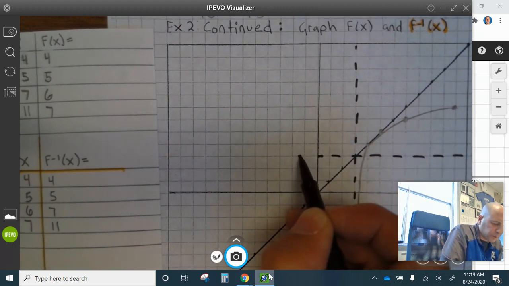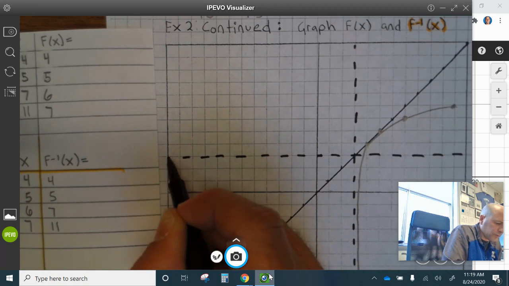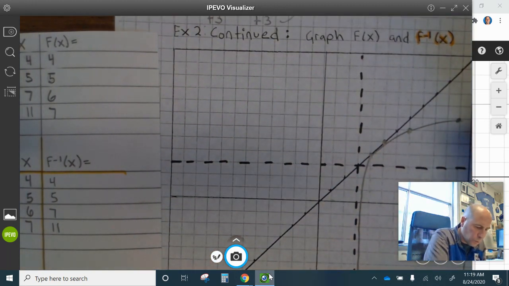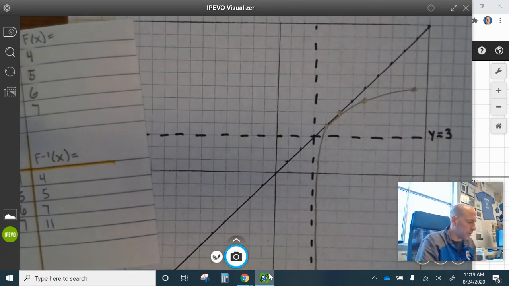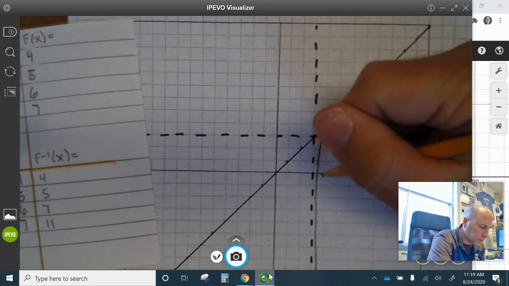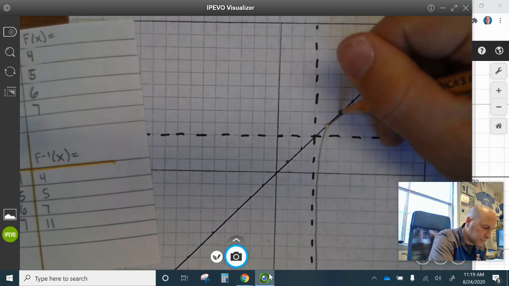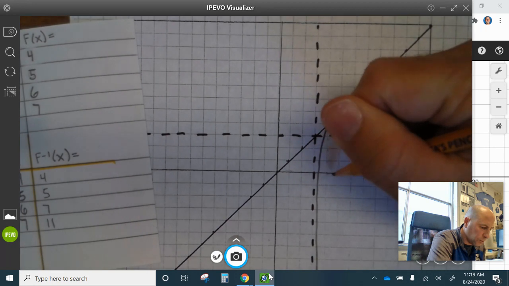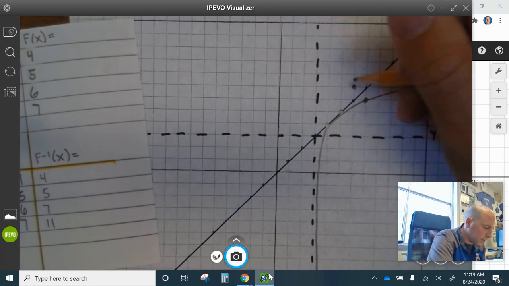Whenever you're doing logs and exponentials, it's important that you graph your asymptotes because that tells you where the curve is not going to touch or cross. Okay, so y equals 3 is your asymptote. Okay, so now let's graph the points. So 4, 4. So 1, 2, 3, 4, 4. Okay, 5, 5. 6. So 1, 2, 3, 4, 5, 6. 1, 2, 3, 4, 5, 6, 7.